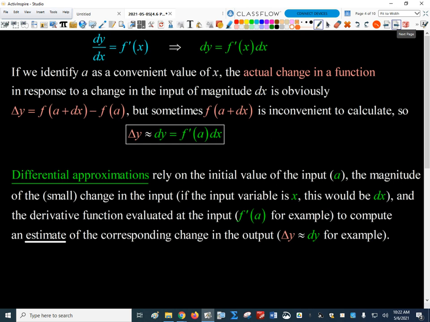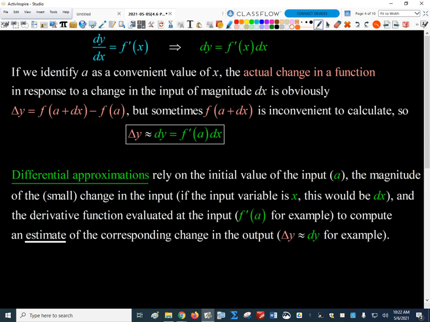So this is what we mean by a differential approximation, right? If we identify a as a convenient value of x, the actual change in the function in response to a change in the input, which we're going to call dx, is just f of a plus dx minus f of a, okay?